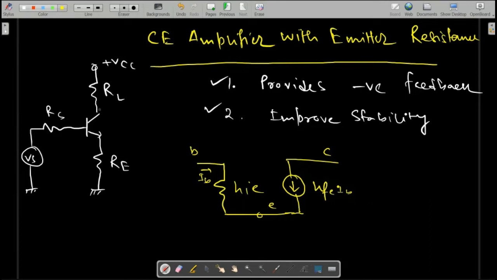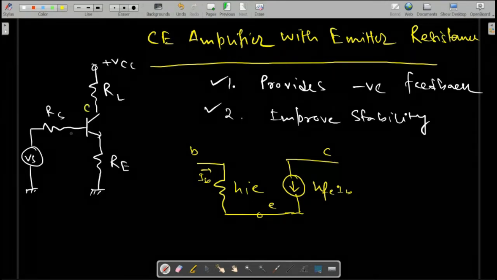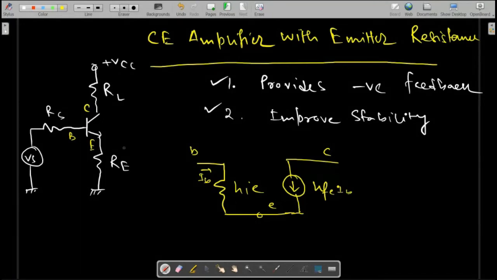Now, similar to your previous problem, connect all the resistances. VS and RS are connected here. This is RS, this is VS, and follow the steps exactly. This point of VS is connected to ground, so I will also connect it to ground, not here. Why not here? I will tell you. RE is connected between which terminals?